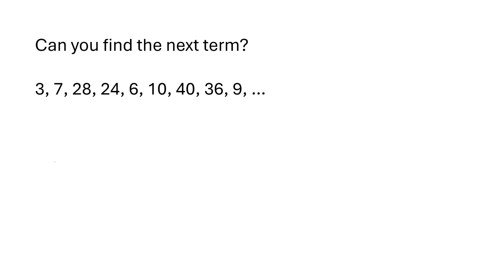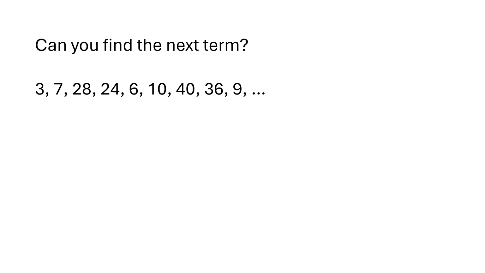If we just do one thing, add, subtract, multiply, or divide, you're either going to be increasing or decreasing. There's going to be a problem. This one goes up, it goes down.